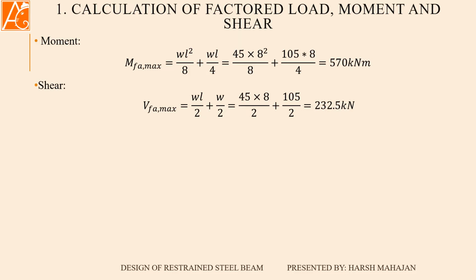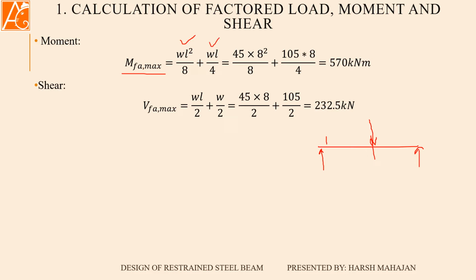So for moment, as we know, for UDL the maximum moment will occur at the middle point, and the value is WL square by 8. Then for the point load at the middle, the maximum again occurs at the middle of the section, which is WL by 4.